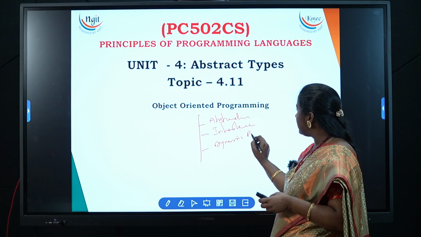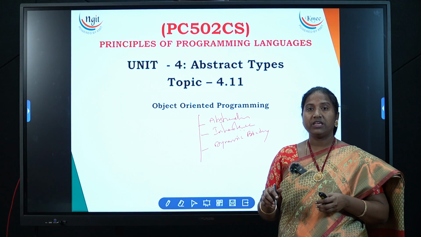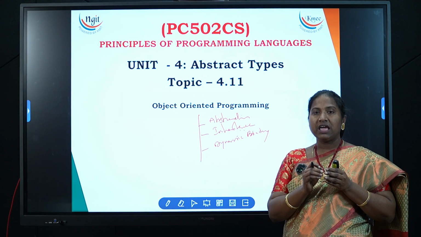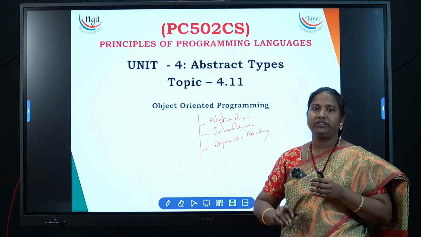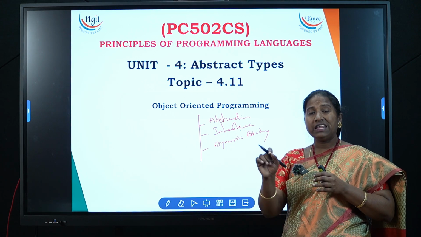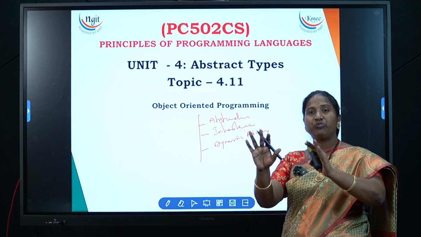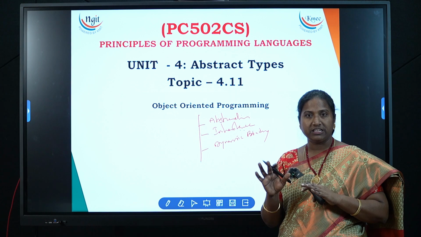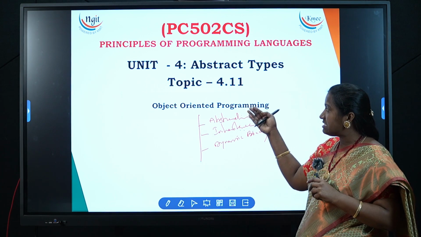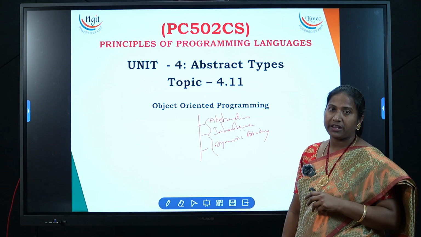So basically these are the three key features we say to list a language as an object-oriented programming language. If a language supports data abstraction, inheritance, dynamic binding, then we say this language is object-oriented.